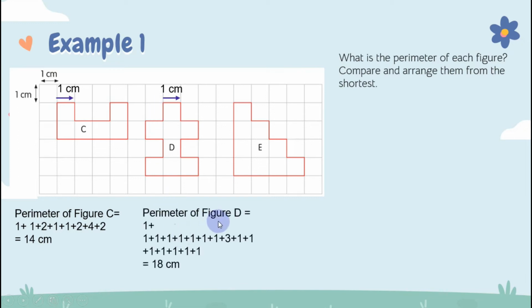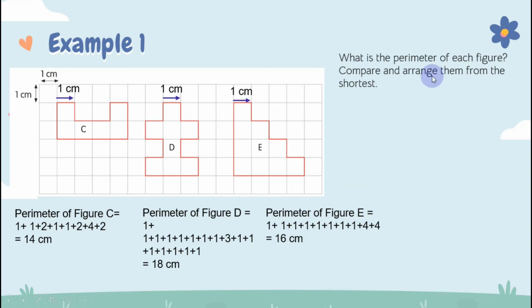The perimeter of figure D equals 18 centimeters. Next, the figure E. 1 centimeter, 1 centimeter, 1, 1, 1, 1, 1, 1, 4, 4. The perimeter of figure E equals 16 centimeter.